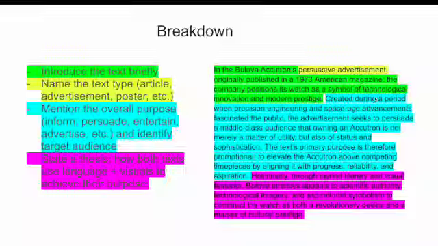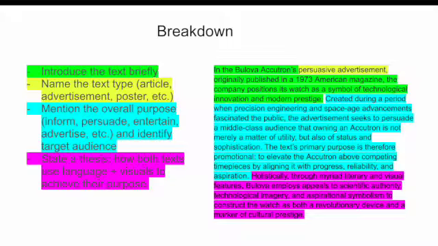That being that the advertisement seeks to persuade a middle class audience that the Accutron is not only useful but also a status symbol. And then it goes even further, saying, literally using the word purpose here, the text's primary purpose is therefore promotional, flagging to the examiner with a big green flag saying, I know the purpose, it's right here.